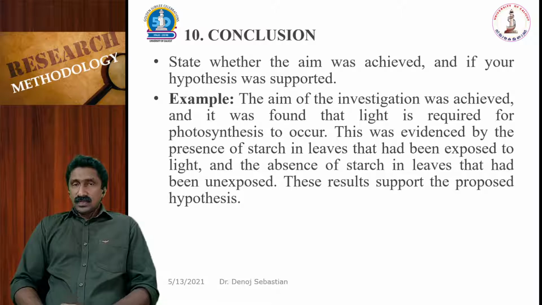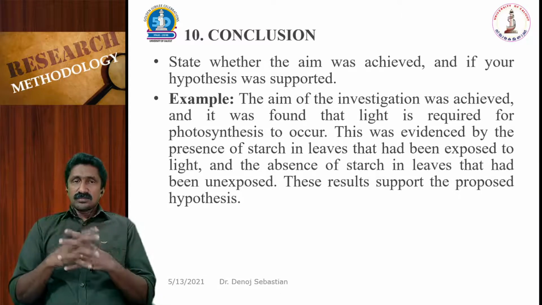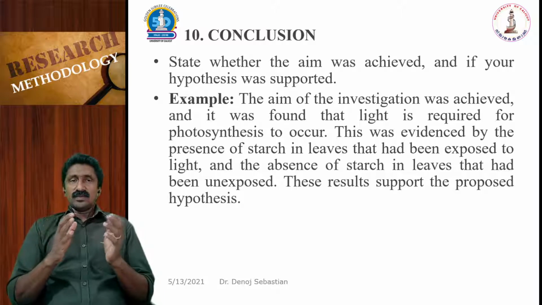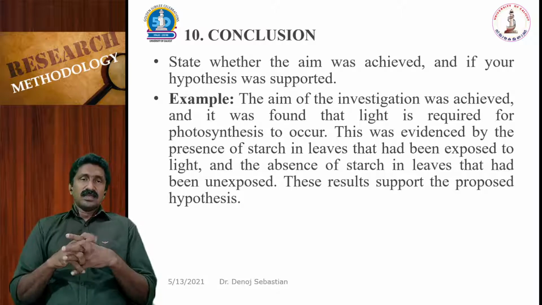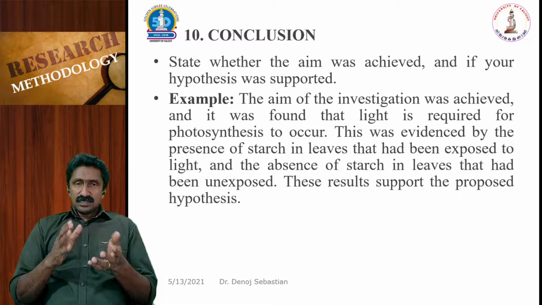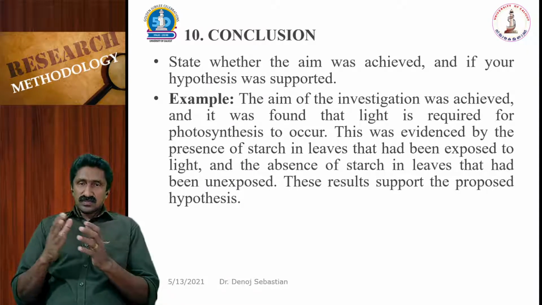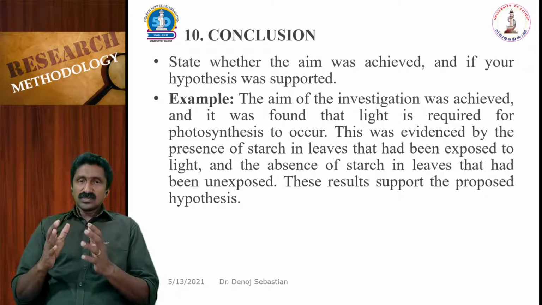And finally, we have the conclusion. The conclusion part states whether the aim was achieved and if your hypothesis was supported. An example is: the aim of the investigation was achieved and it was found that light is required for photosynthesis to occur.